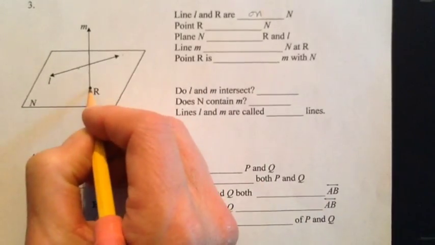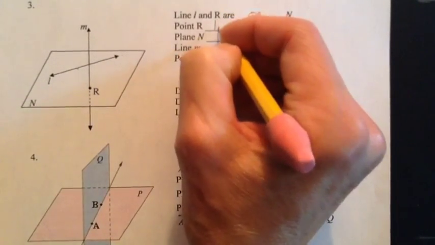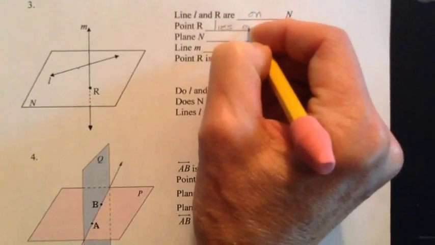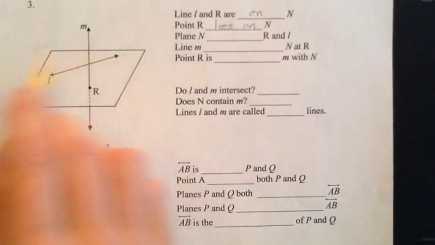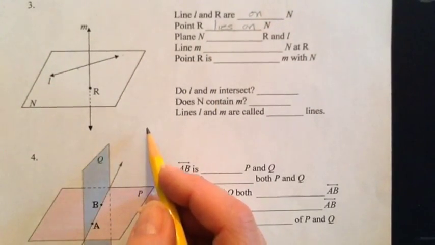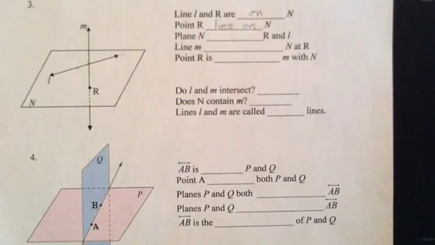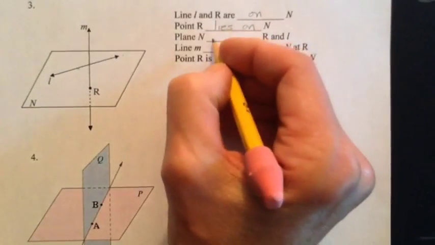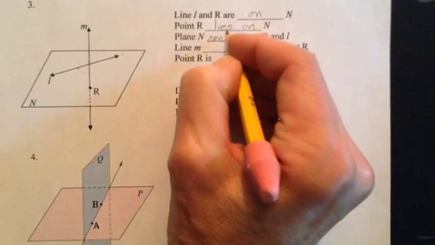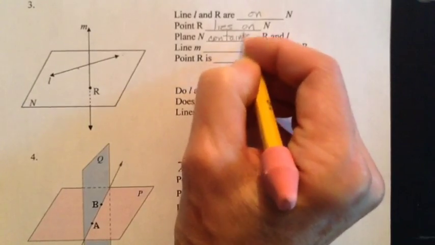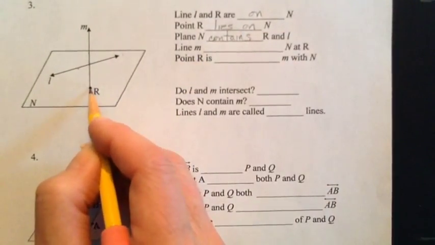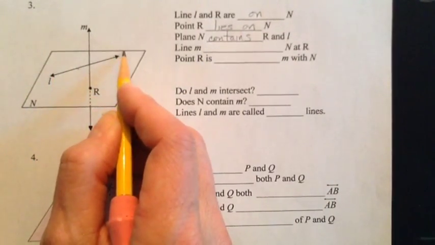Point R lies on N. Point R lies on plane N. Plane N contains. Plane N contains both R and L.